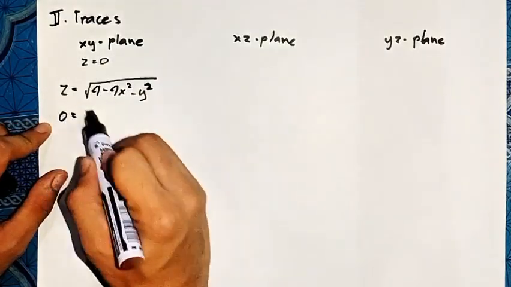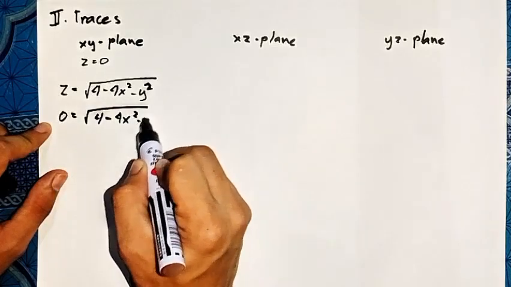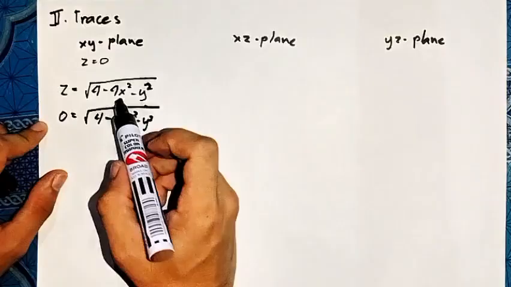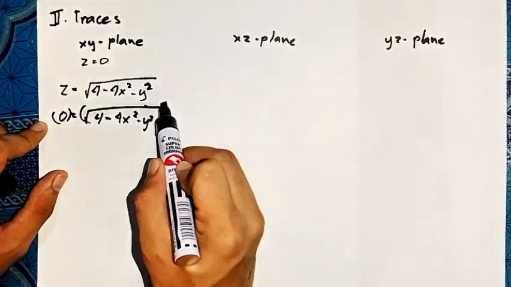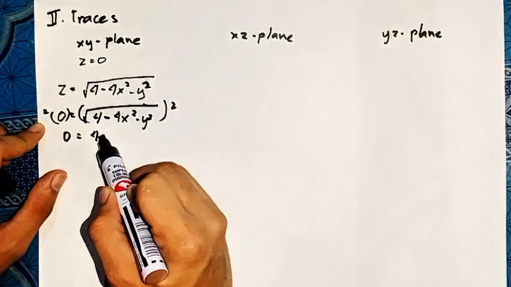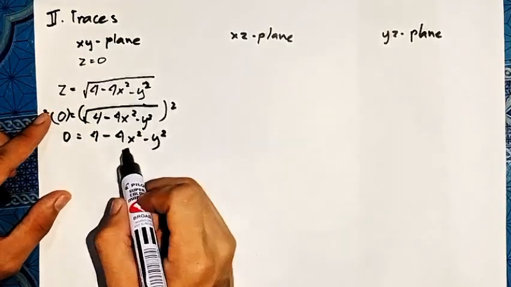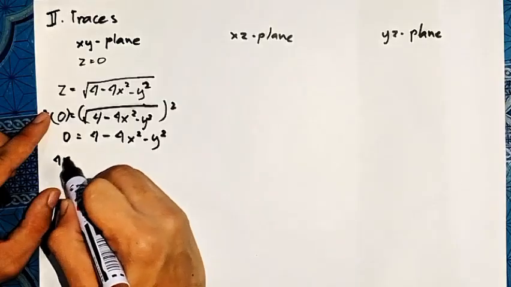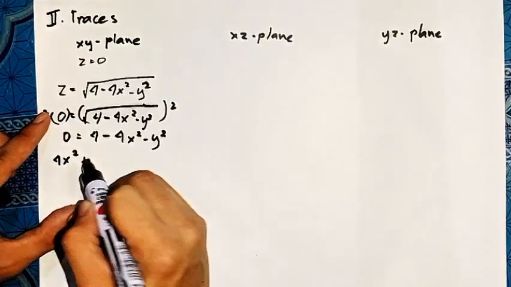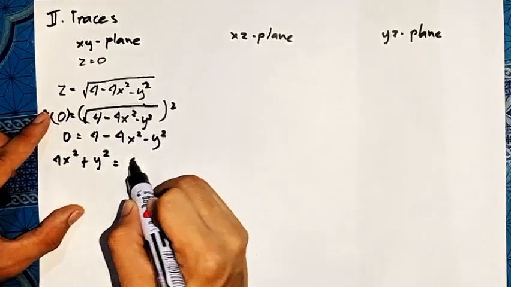So 0 is equal to the square root of 4 minus 4x squared minus y squared. Square both sides. This will become 4x squared plus y squared is equal to 4, right?